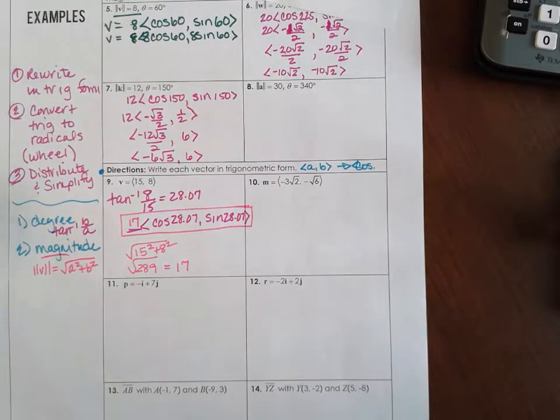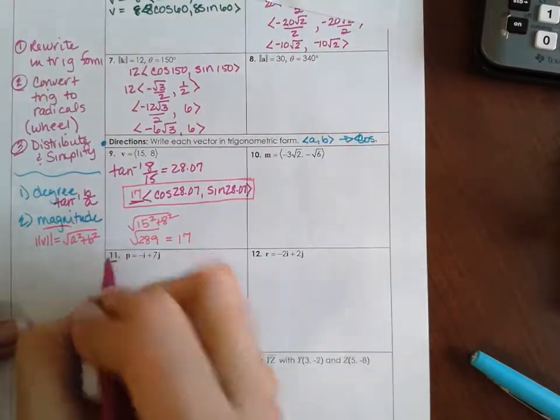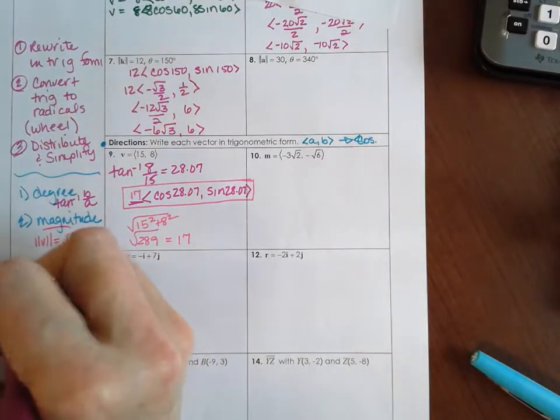Okay, so let's do the next one. Well, let's go down. How about number 11? What's wrong with what I have here? Non-component form. So how do I put it in component form?